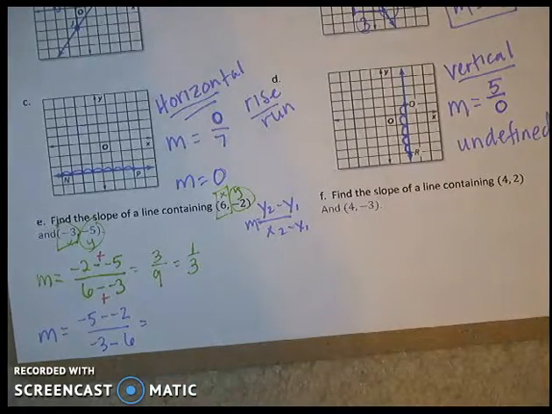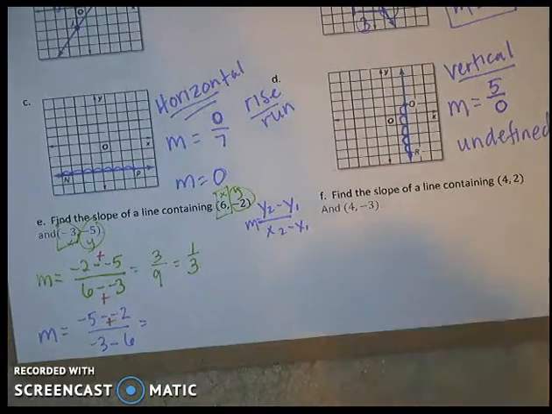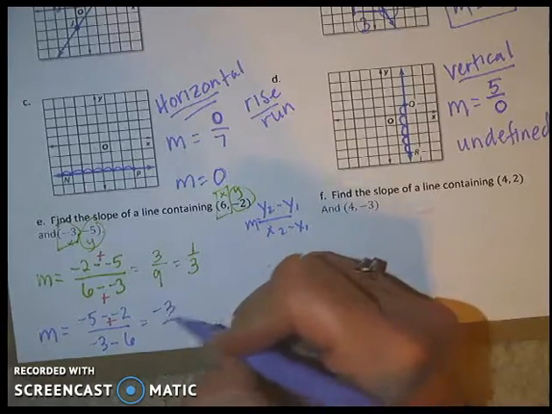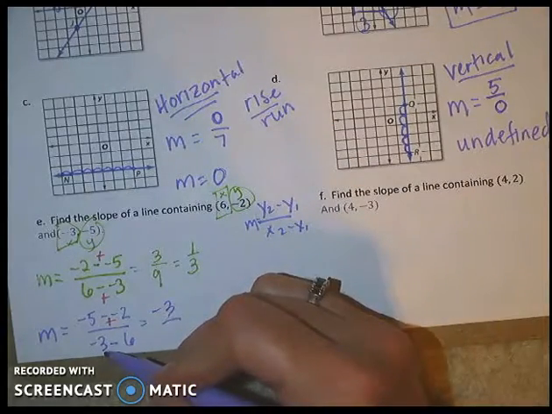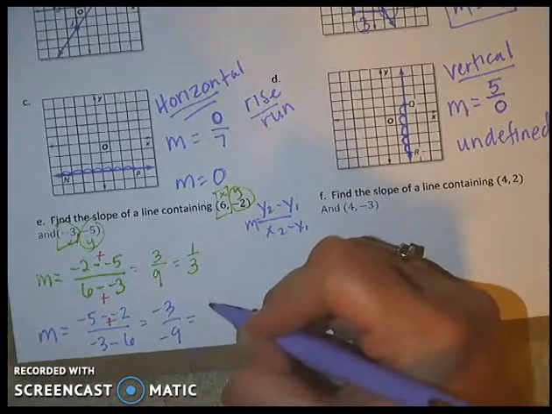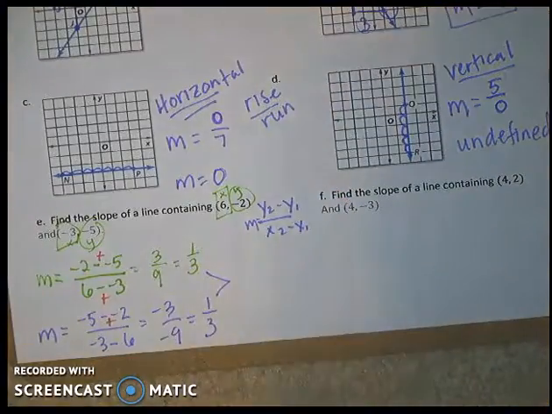Still keeping in mind that minus a minus is a plus. -5 minus -2, -5 plus 2 is -3. And then -3 minus 6 is -9. A negative divided by a negative is still going to give us a positive. Notice those are the same, 1/3 and 1/3, so it does not matter which way you do it.